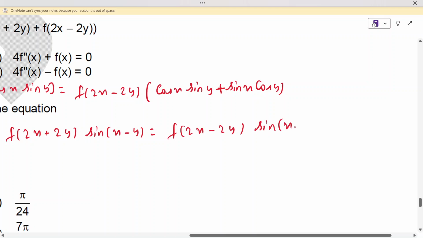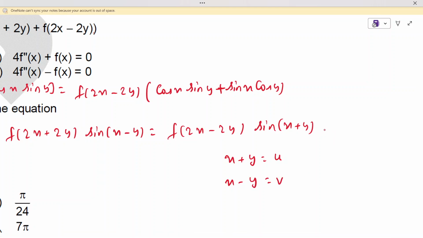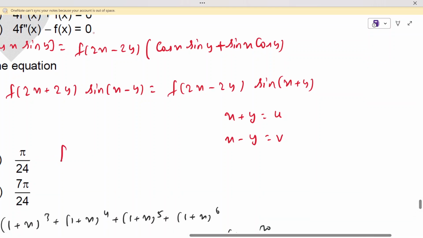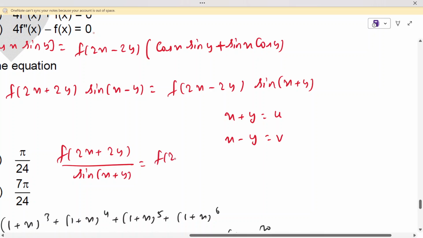Now let's rearrange as well. f of 2x plus 2y upon sin(x plus y) should be equal to f of 2x minus 2y upon sin(x minus y). Let's say this is equal to a constant.